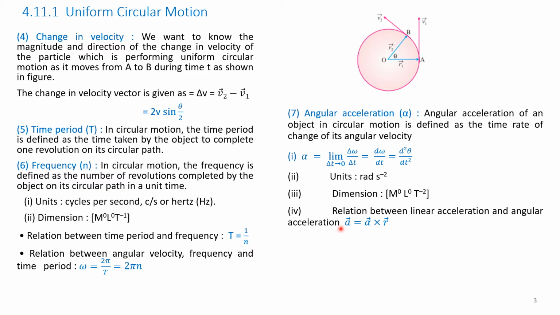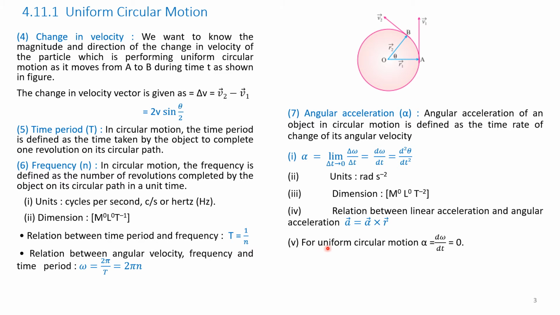Relation between linear acceleration and angular acceleration. We know linear acceleration is represented by the letter small a, that is equal to vector alpha, which is angular acceleration, into radius of the circle r. So a is equal to alpha into r.